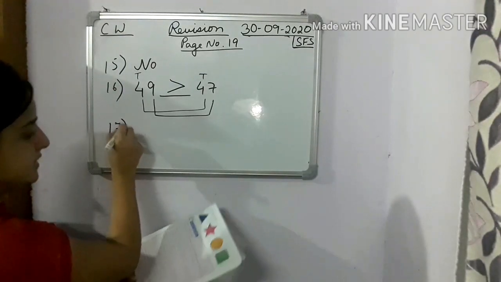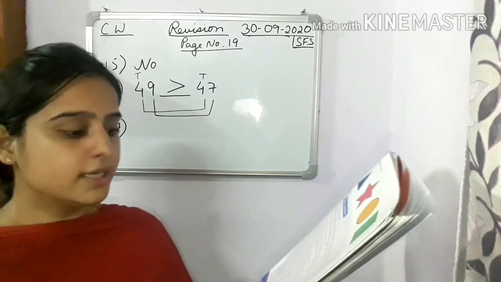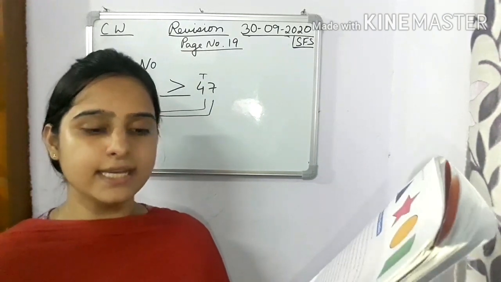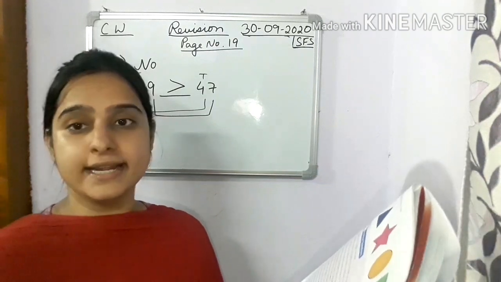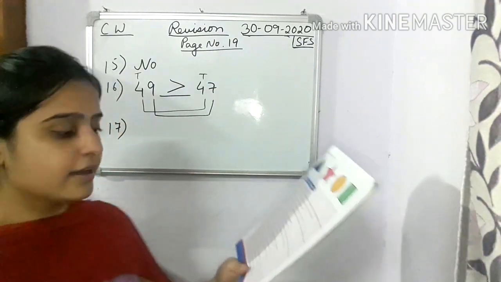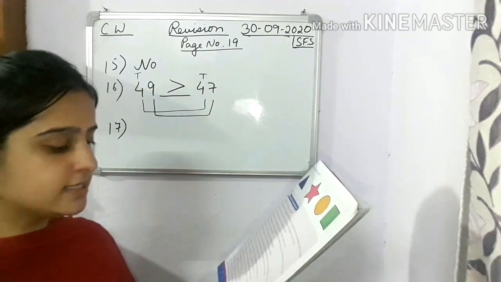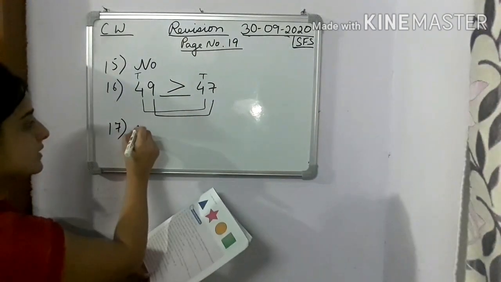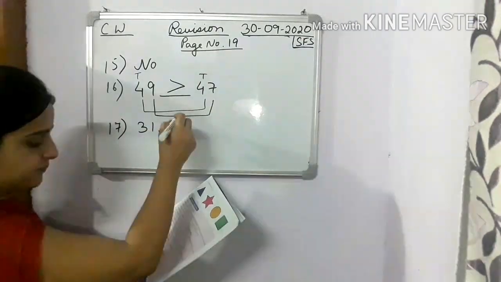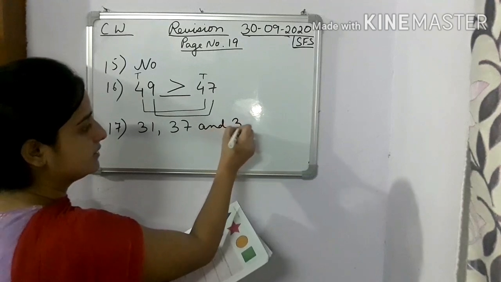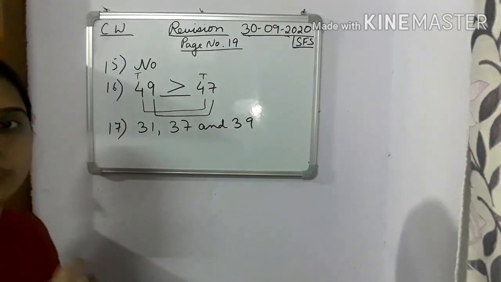Then number 17. Order the numbers 31, 37 and 39 in ascending order. Ascending order means, children, from smaller to bigger, right? So let's do it. The numbers are 31, 37 and 39. Now, children, how do we compare?